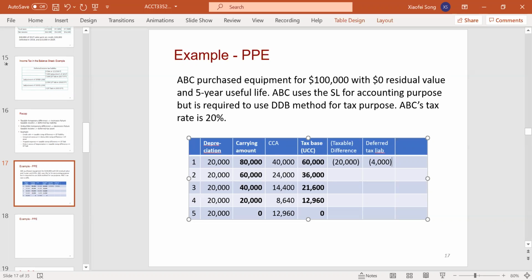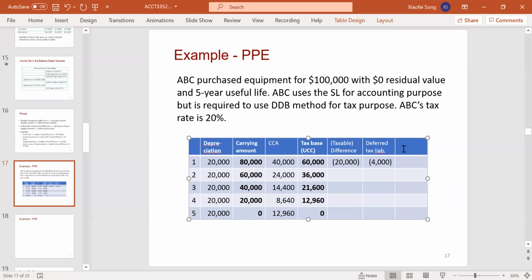Now, I'm going to carry through to the very end. Given this is new equipment, there's no deferred tax recognized for it yet, right? So we need to make an adjustment to bring the deferred tax liability from 0 to 4,000.